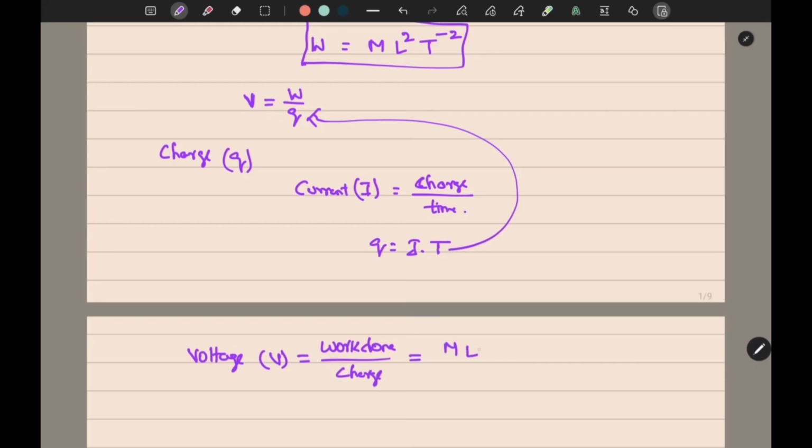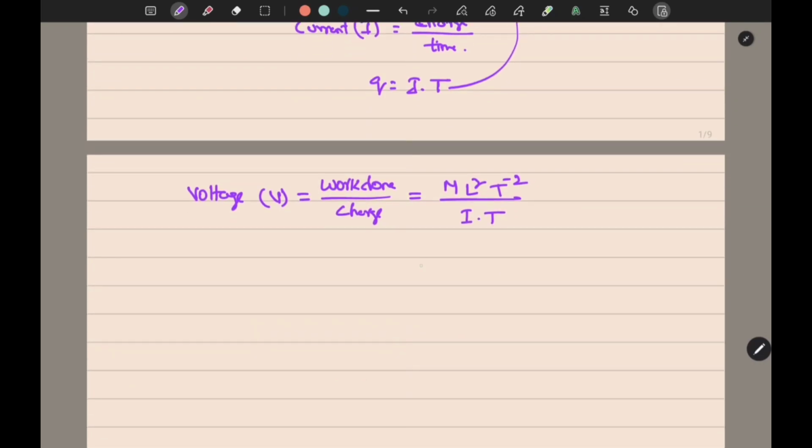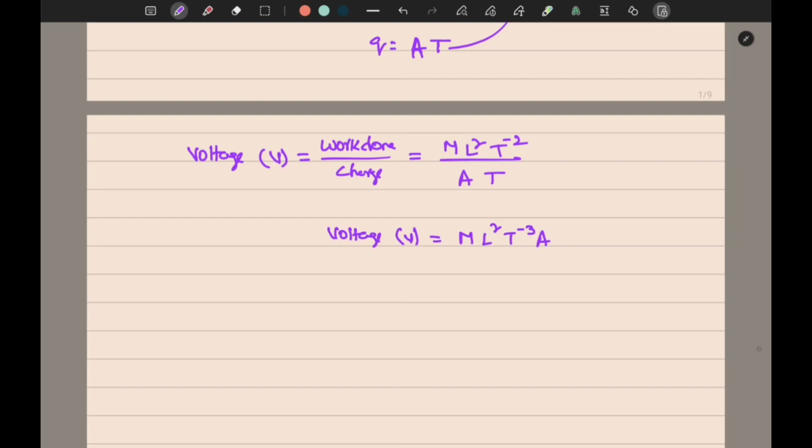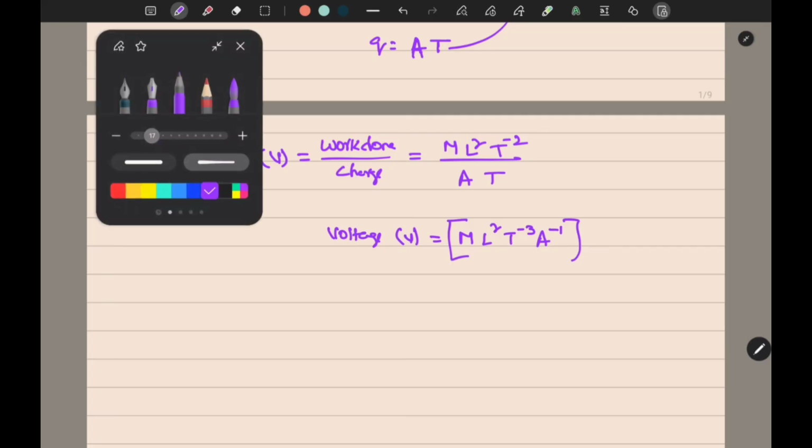That is, work done dimensional formula is M L square T power minus 2, and charge dimensional formula is I T. From these, the voltage dimensional formula is M L square T power minus 3 I inverse. Here the I we have to write as A. Current in dimensional formula we have to represent with the letter A. So the dimensional formula for voltage V is M L square T power minus 3 and A inverse. This is the dimensional formula of voltage.